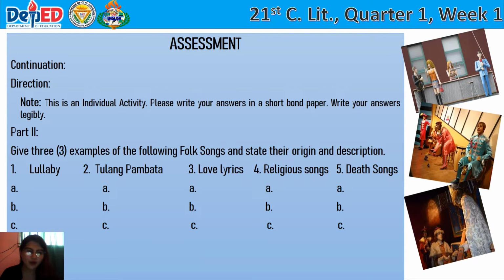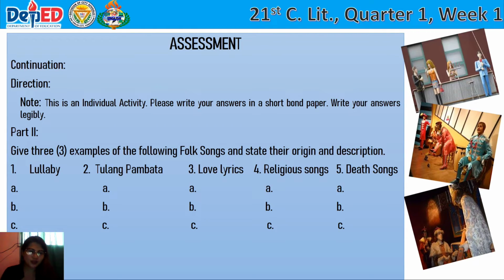But aside from enumerating them, you also need to at least define or write the origin and description of each example of the folk songs. So I hope you understood it very well.